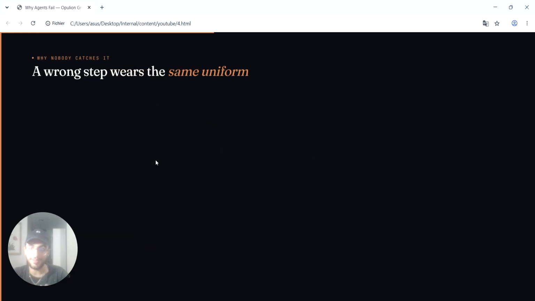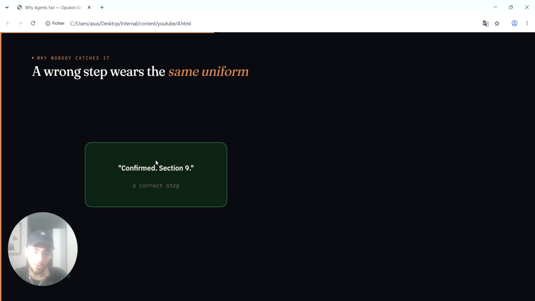And now here's why nobody would catch this in time, and this is the cool part. This is the correct step. It's confident, it's clean, it's got a citation, and it looks right.